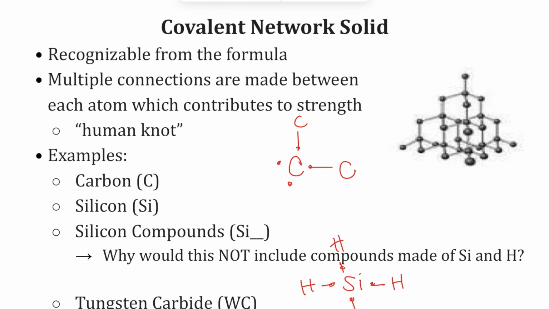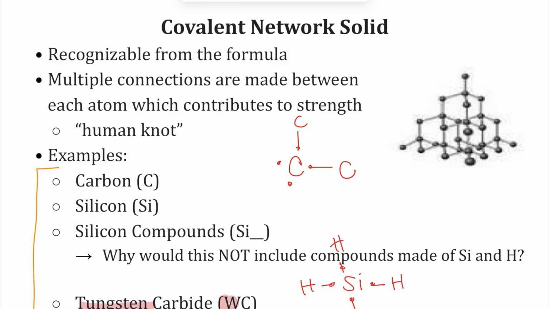And then the one compound that has carbon in it, tungsten, which has the symbol W. Tungsten carbide is the one carbon compound that has covalent network solid as its IMF. You do just have to know that it is carbon, silicon compounds, and tungsten carbide.